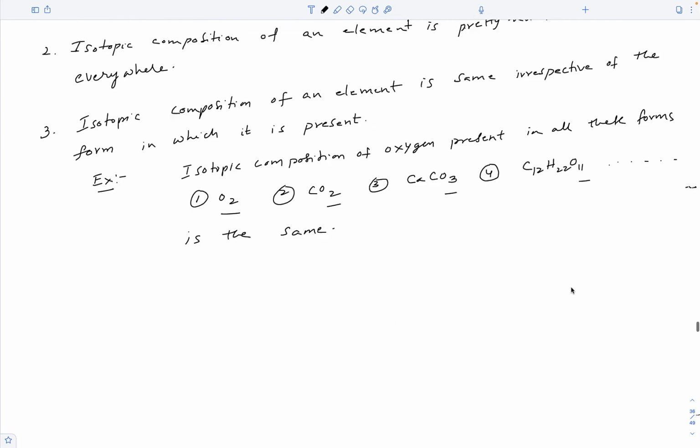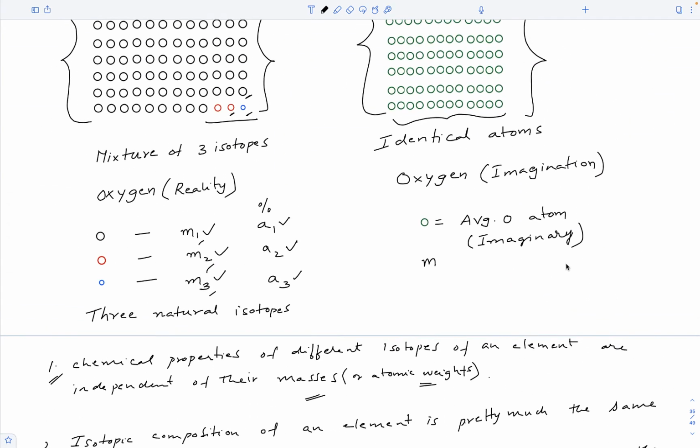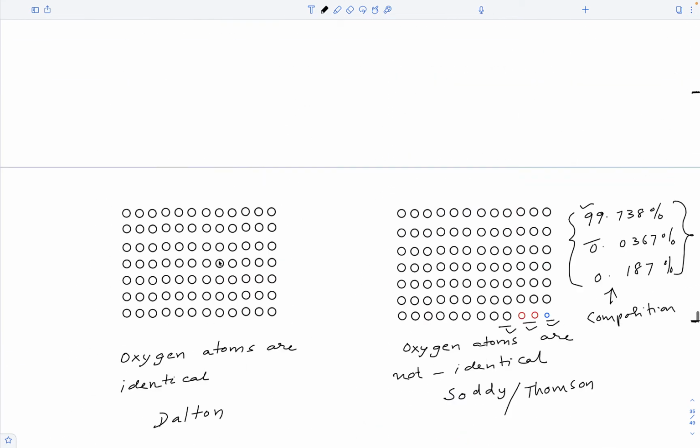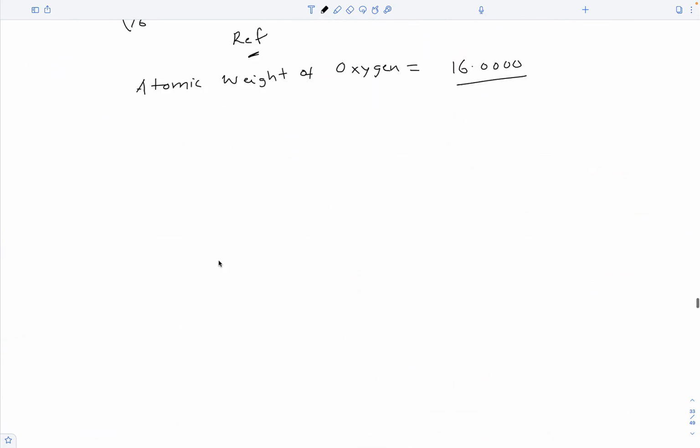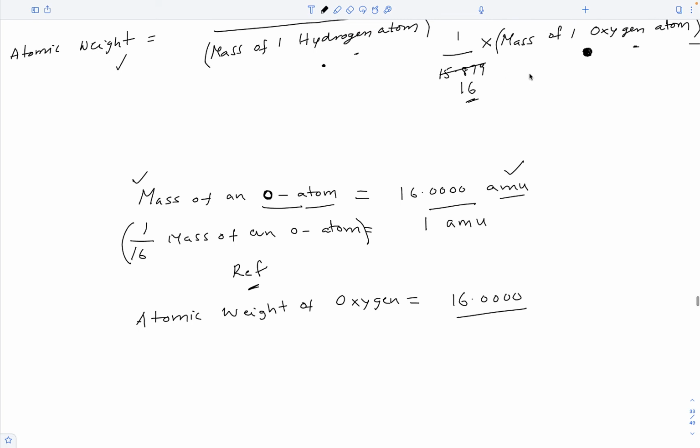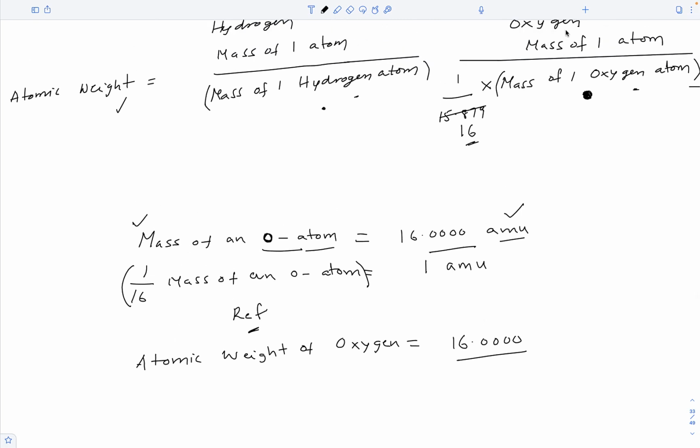Now, isotopes have created another problem for us. I mean, isotopes of oxygen. Oxygen has 3 naturally occurring isotopes with 3 slightly different masses. Remember, we started using 1/16th of the mass of an oxygen atom as the reference for atomic weights on the new oxygen scale.